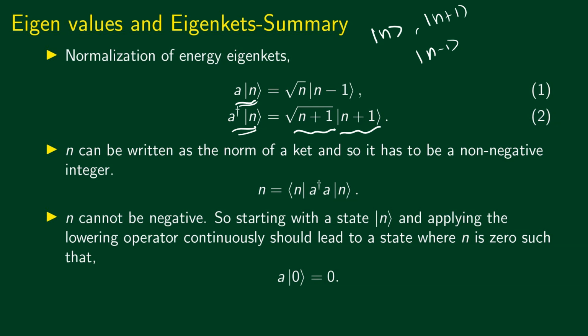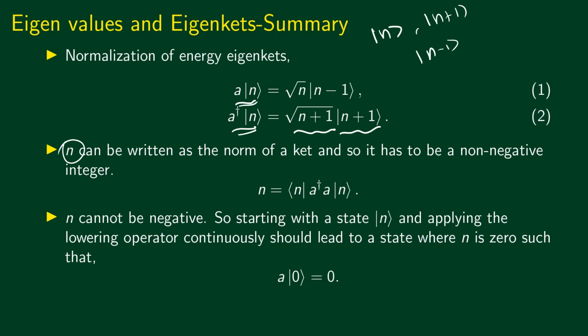Then we saw something very important regarding the nature of n, because n itself can be written as the norm of a ket, and the norm of a ket cannot be negative, which means that n has to be non-negative. And the fact that n is non-negative also implies that n is an integer.